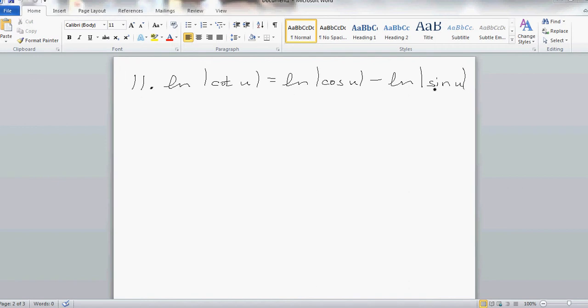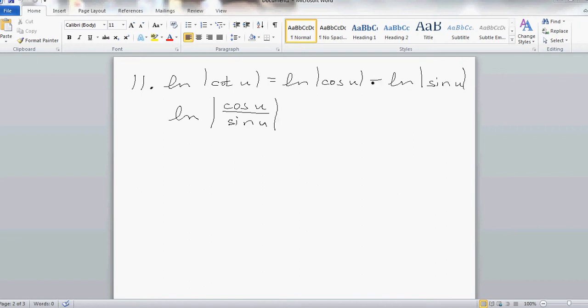Now here, the right-hand side is actually more complicated, so that's where we're going to start. And we have to realize that the natural log minus the natural log, using the laws of logarithms, we can rewrite that as the natural log of the absolute value of cosine of u over sine of u.